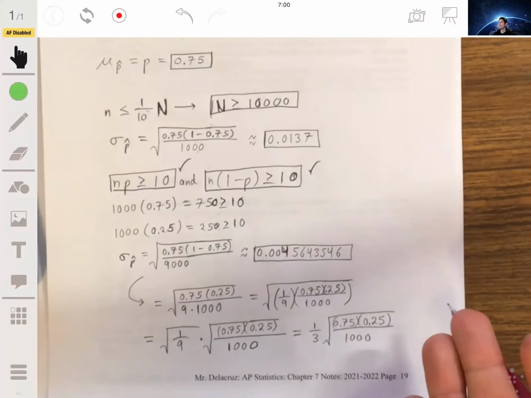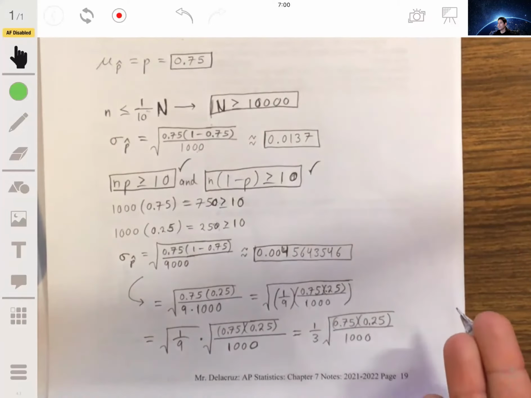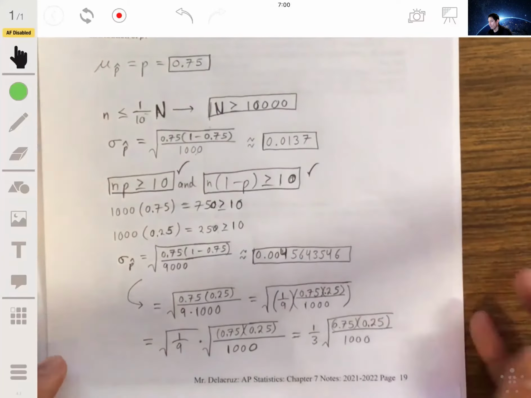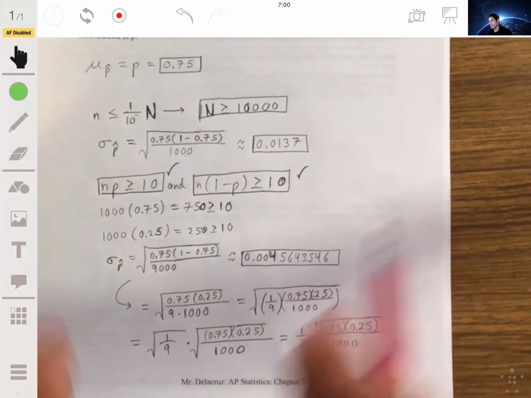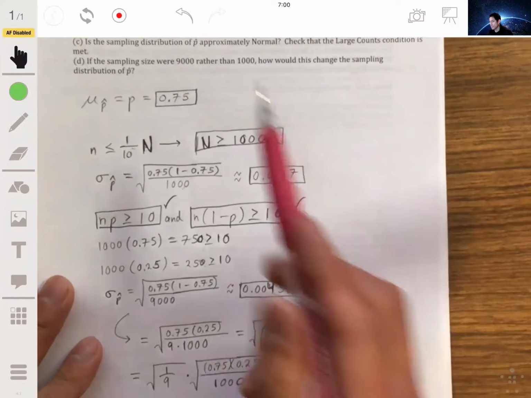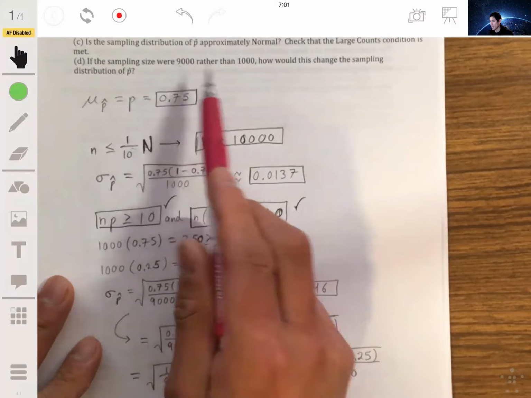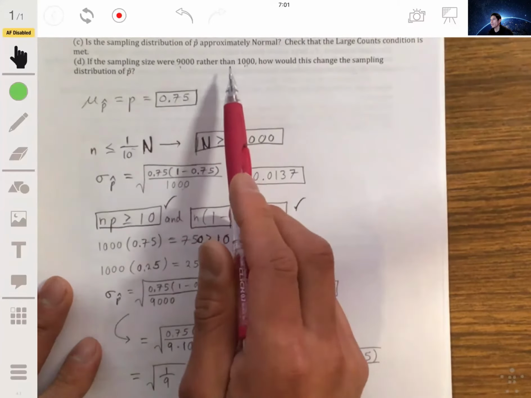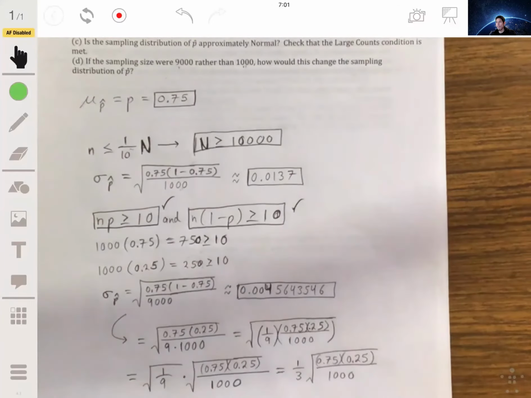And you're probably going to get more problems dealing with this, so you'll see that there's a common ratio between the standard deviation and the sample size. The sample size was 9 times as large as the original, so it went from 1,000 to 9,000. Remember we were looking at those distributions, and we saw that when the sample size increased, the standard deviation decreased.